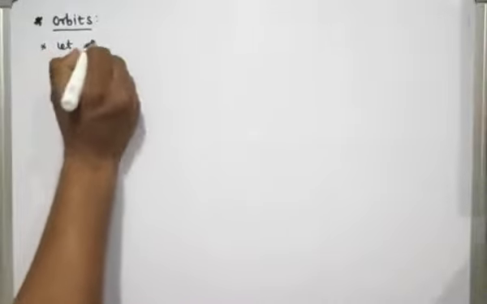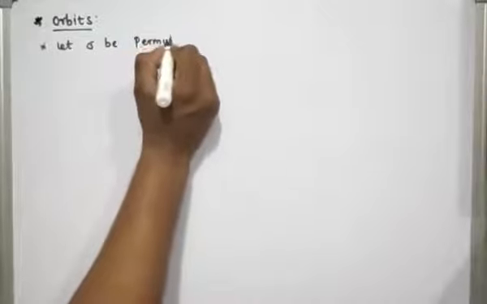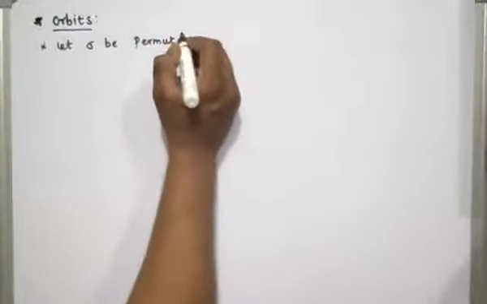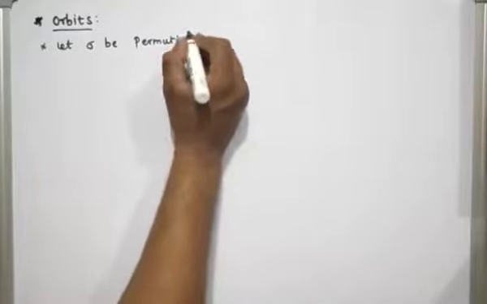So let's see. Let sigma be a permutation. Permutation means what? A function sigma from A to A is said to be a permutation if it is both onto and one-to-one.